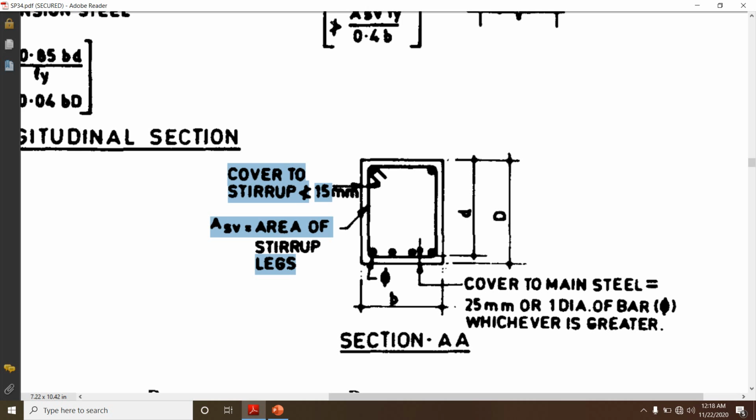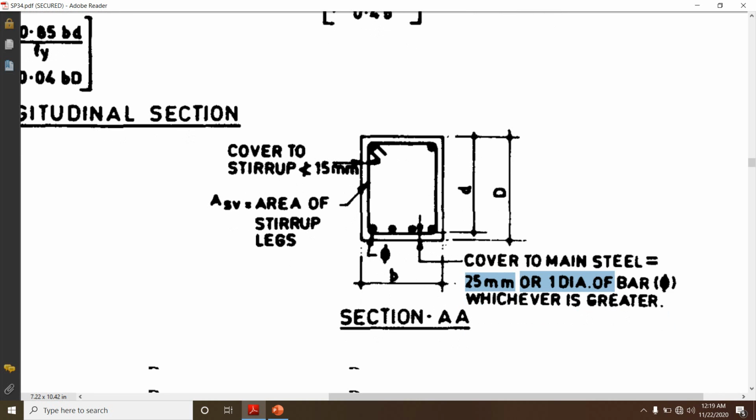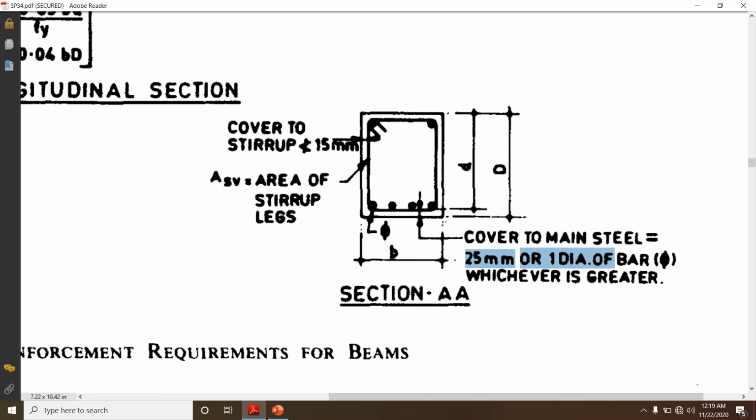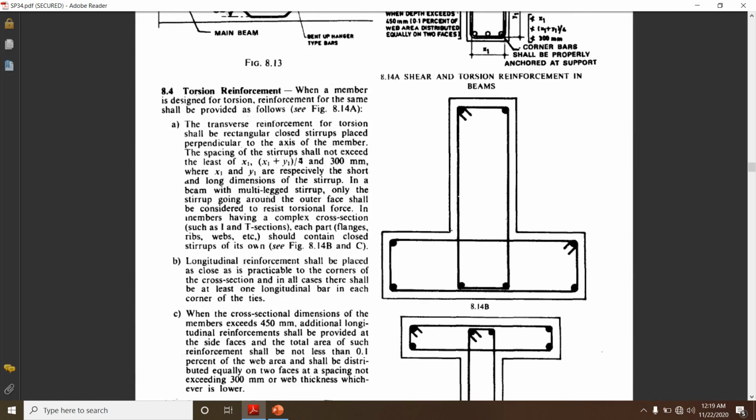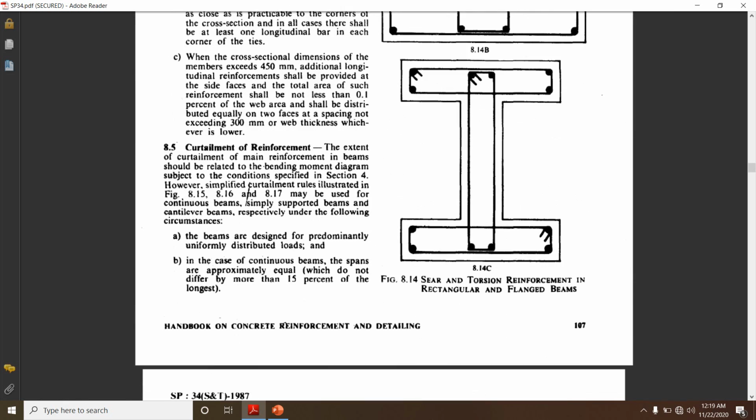Then next is the cover to the main steel, which has to be a minimum of 25 mm or one diameter of the bar, whichever is greater. That means we have to provide minimum 25 mm or the larger diameter of the bar. This is the detailing when we have bent up steel.